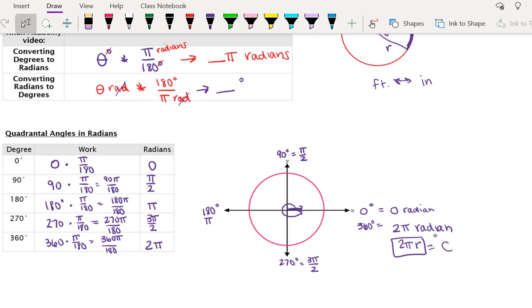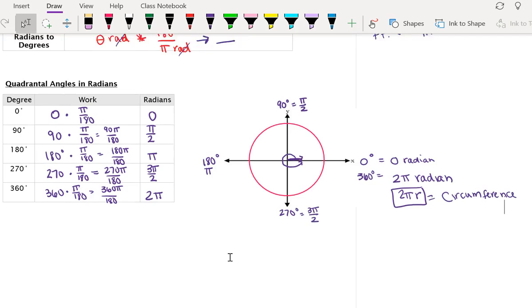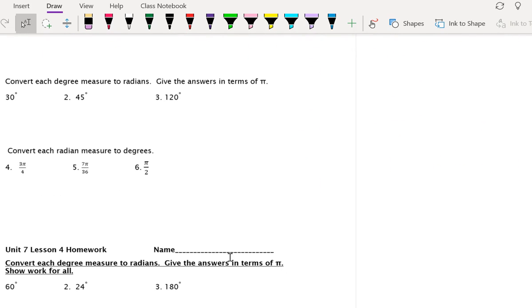That's circumference. And so that's where the formula for circumference comes into play, because we're talking about the relationship between the radius of a circle and the rotation around the circle.